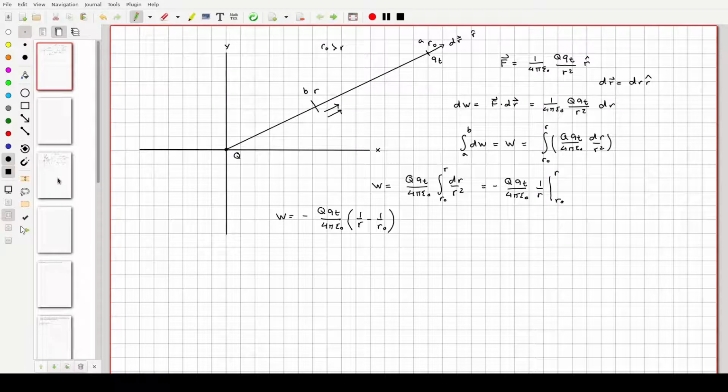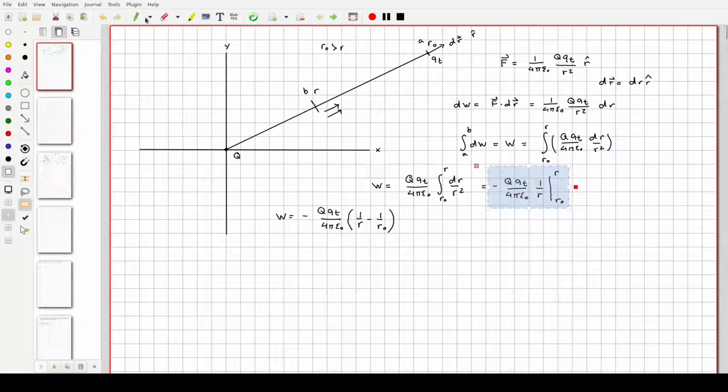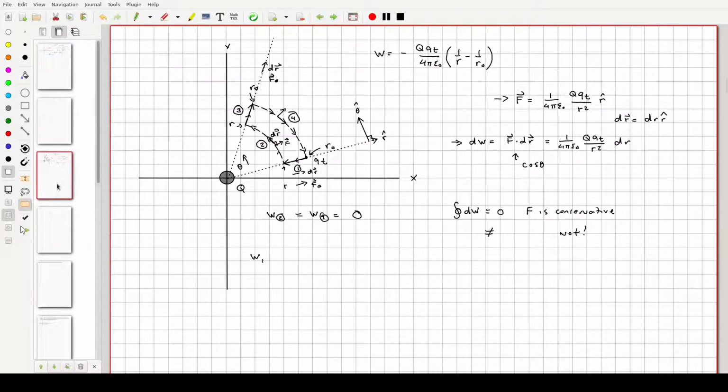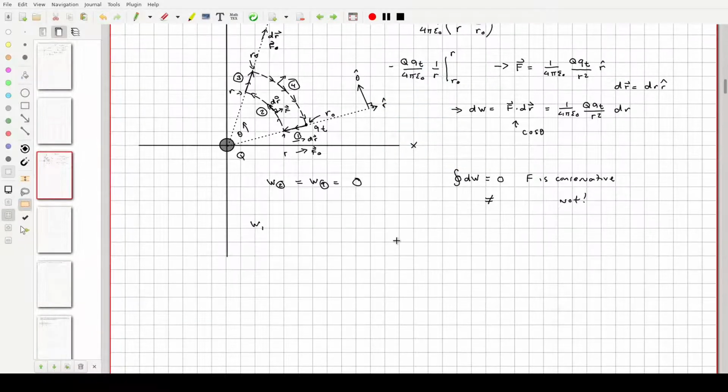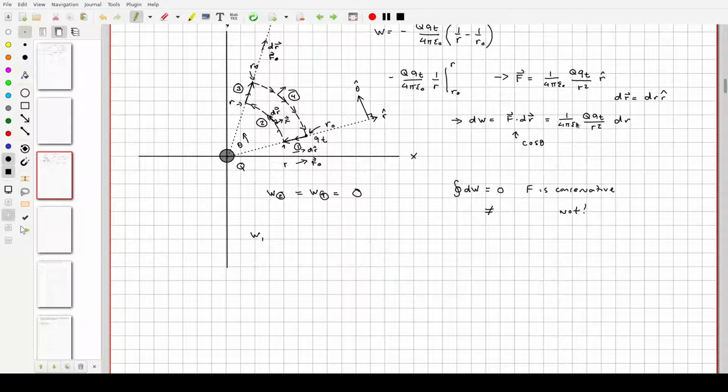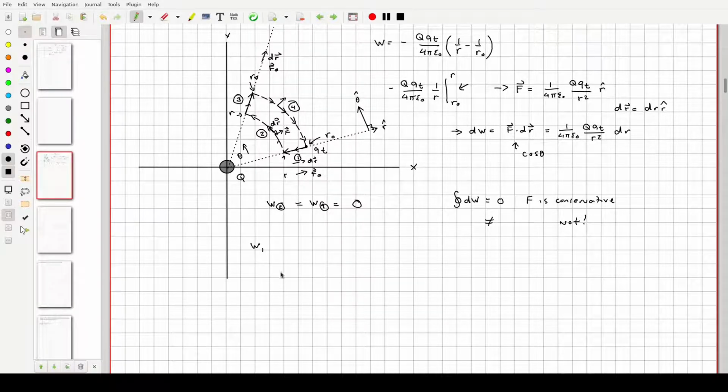So just to remind you again, for work 1, we start at R0, we end up at R. So remember, this is the result of doing that integration.